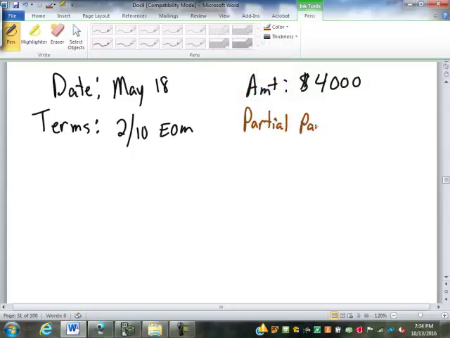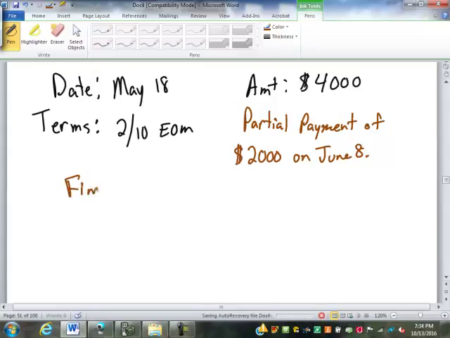Partial payment of $2,000 is made on June 8th. Find the balance. I'm going to give you a minute, see what you come up with, and we'll talk about this.